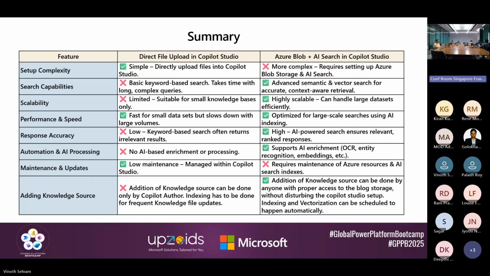Considering all the other advantages I mentioned here, like capability, scaling to a large data set, performance, speed, and accuracy, Azure AI Search seems to be more valuable than doing it directly in Copilot Studio. That's the reason we have these use cases and scenarios that we even implemented in real time for our customers.